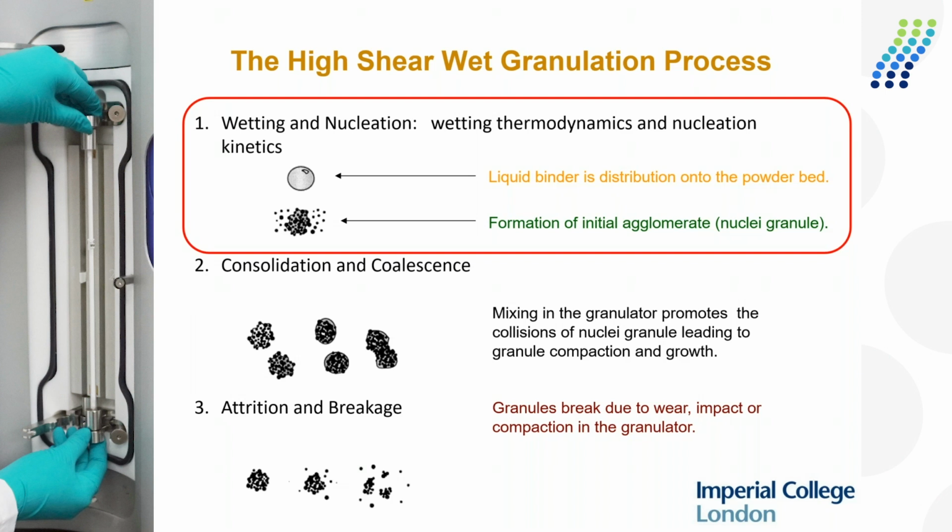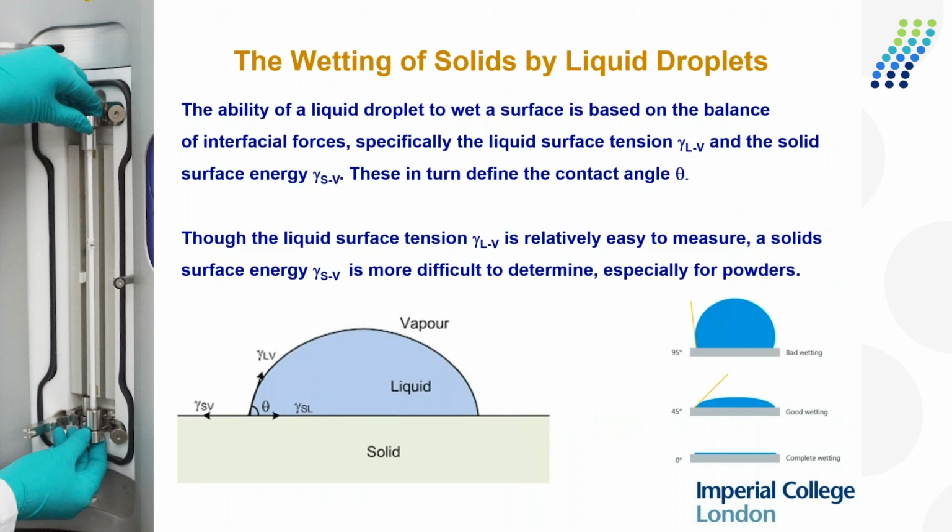The 2 critical forces that are most important are the surface tension of the liquid, and you'll see the term gamma LV, subscript LV. So gamma LV is the surface tension of the liquid. The other important property is the surface energy of the solid, gamma subscript SV. I'll describe those in more detail in a few moments. But when I put a liquid droplet on a flat, smooth surface, there will be a characteristic angle formed, theta, called the contact angle.